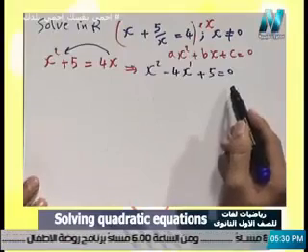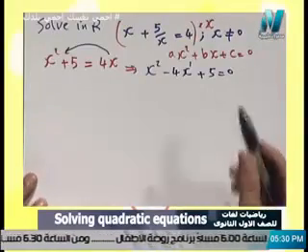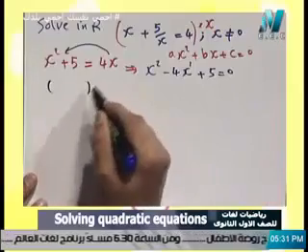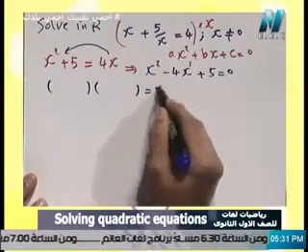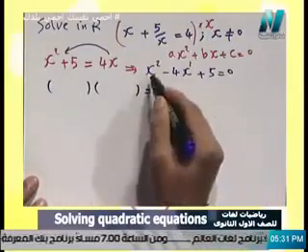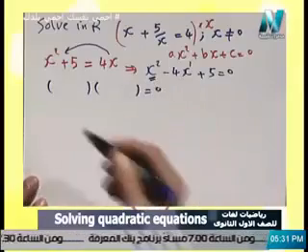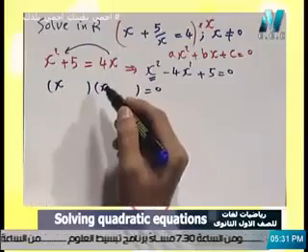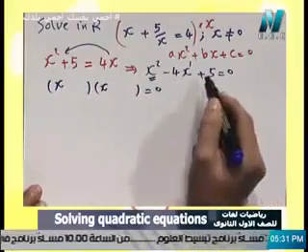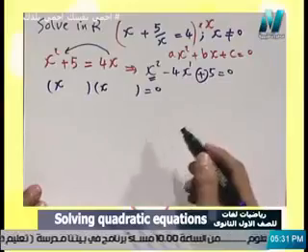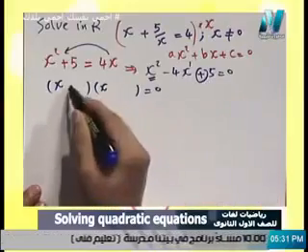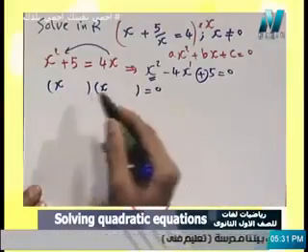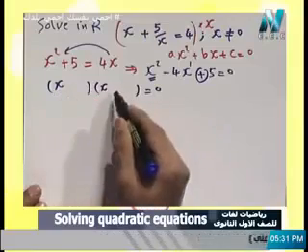We can solve it using factorization. Of course, the solution will be easy. We factorize x power 2 here to be x multiplied by x, and we have here positive 5. Positive means that here positive multiplied by positive, or negative multiplied by negative.